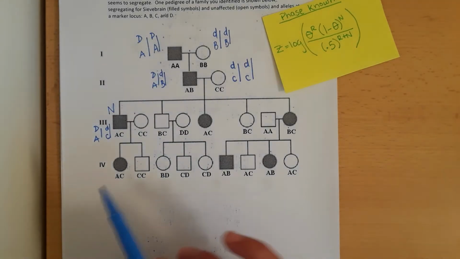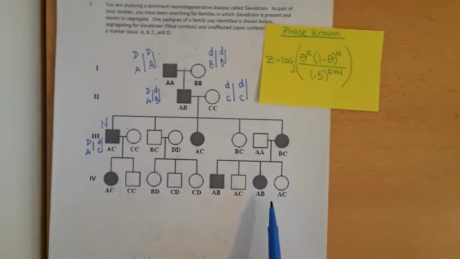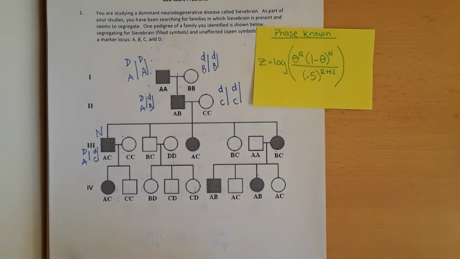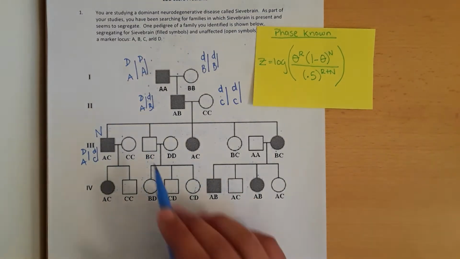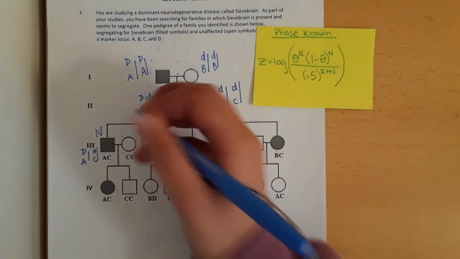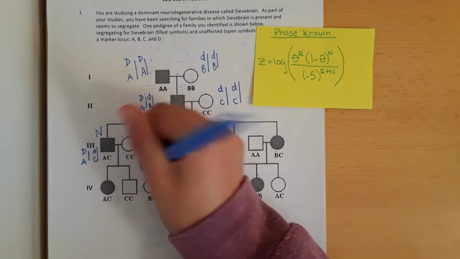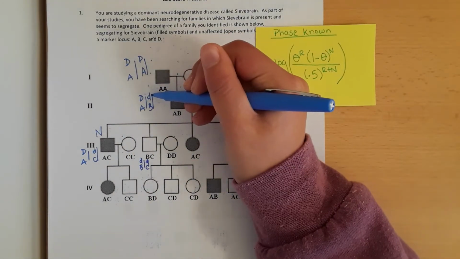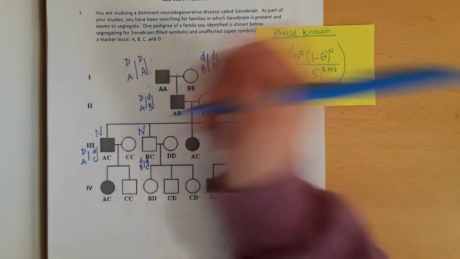And then also something to note, we don't want to score people from outside of the family. So now this person, they are BC. So they got this small d B from dad and then small d C from mom. So non-recombinant.